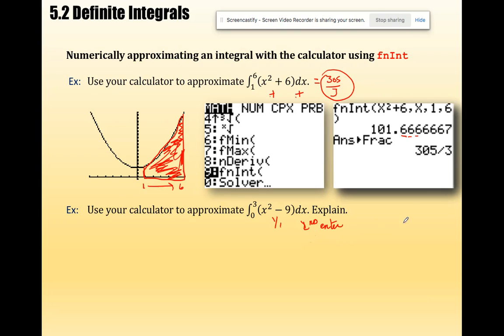And what you had was fnInt, the function's numerical integral of what's in Y1 with respect to x from 1 to 6. But notice what happens when you do. What do you get? x squared minus 9 from 0 to 3.